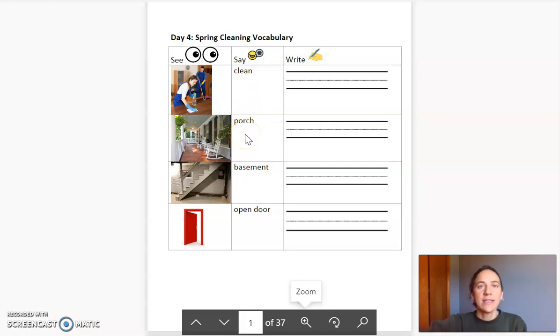Now we're going to look at different vocabulary for the house where we can clean. Look at the picture. This is a porch. Repeat after me. Porch. Excellent. Please write porch on your paper or say the letters out loud.